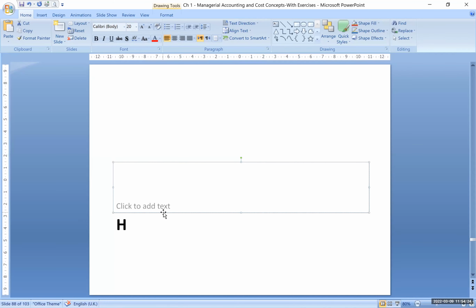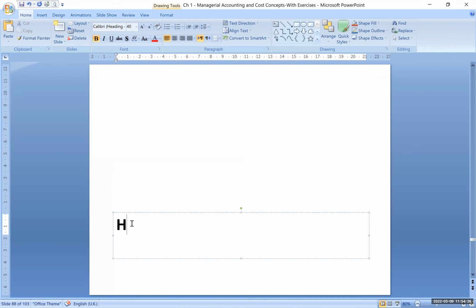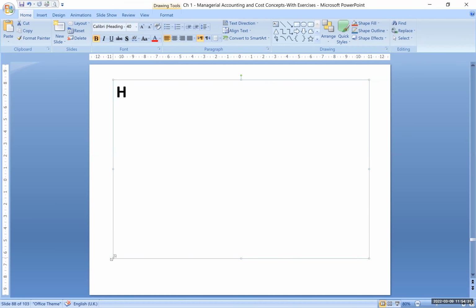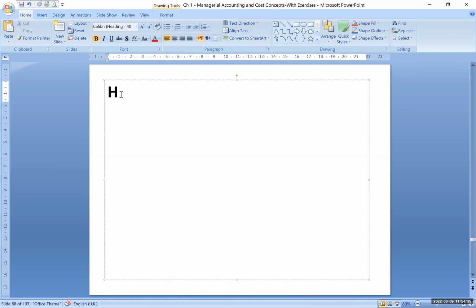So we need to write down that the answer includes all variable costs. Exercise 1.9. Variable cost per 1 unit. Variable cost per 1 unit is equal to what?